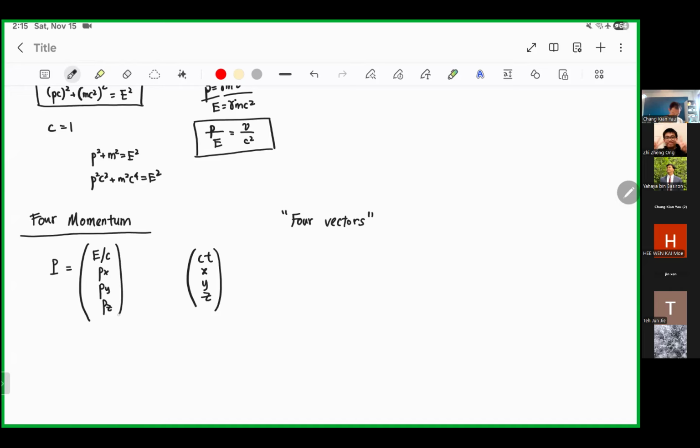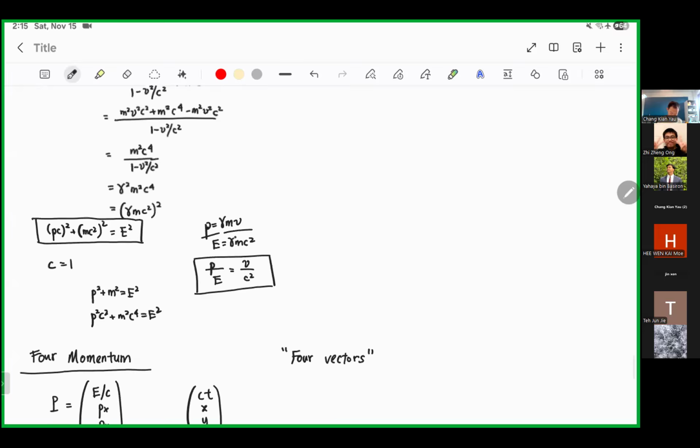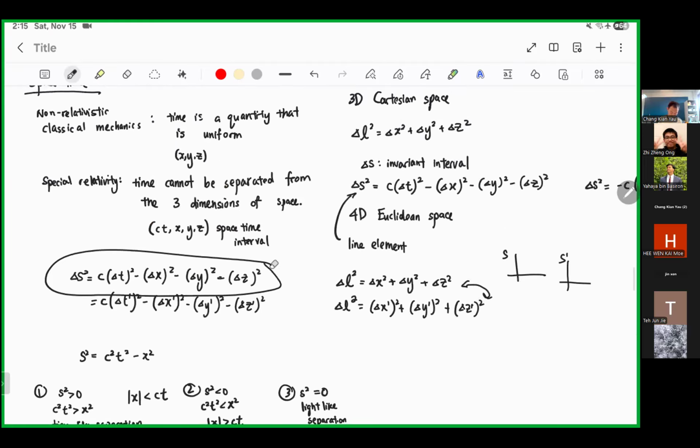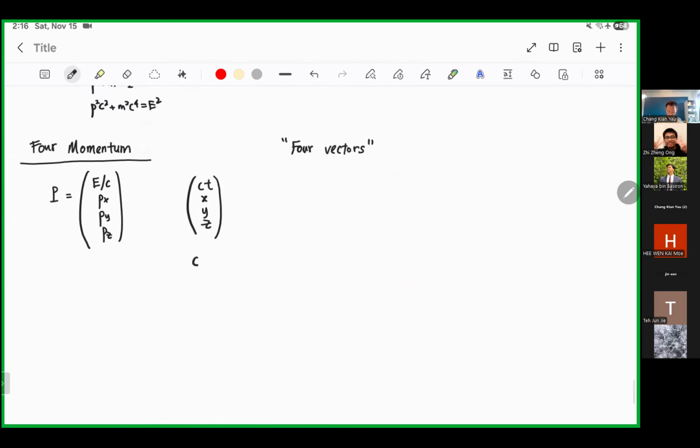Just now, while I was talking about the space-time interval, you have this thing. Similarly, for momentum, we can define its own norm. For the usual vectors, we call them the three vectors.